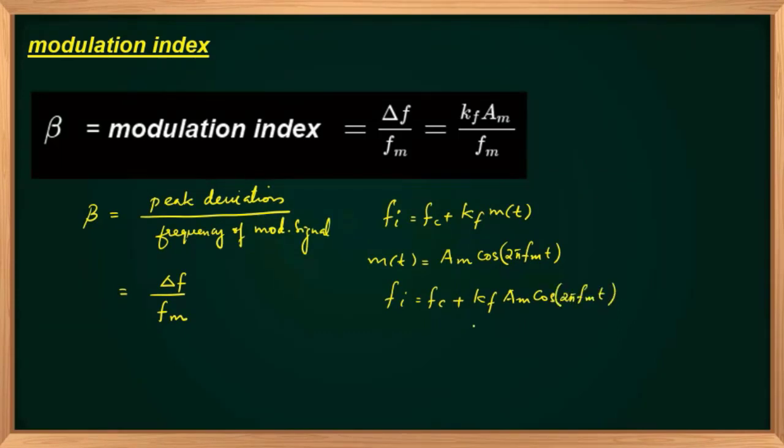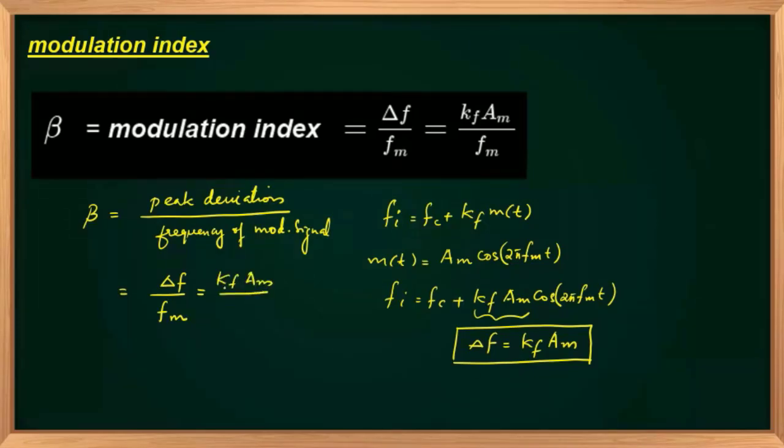So what is the peak deviation? Delta f equals kf into Am. So when delta f equals kf into Am, we get beta equal to kf into Am divided by fm. Kf is the frequency sensitivity of the modulator.